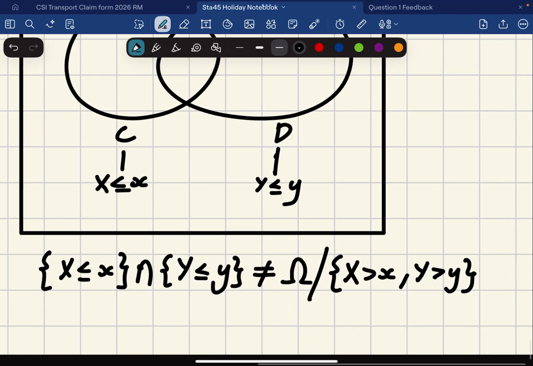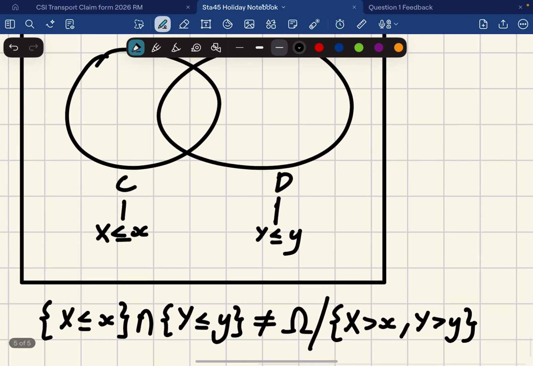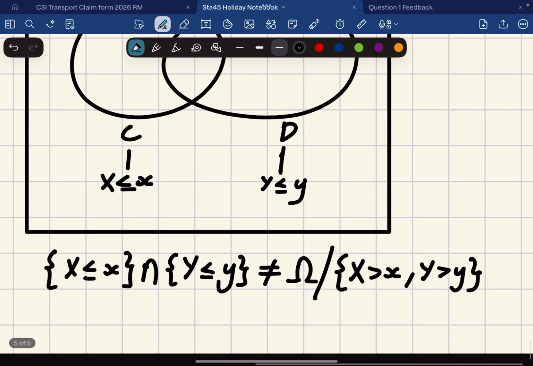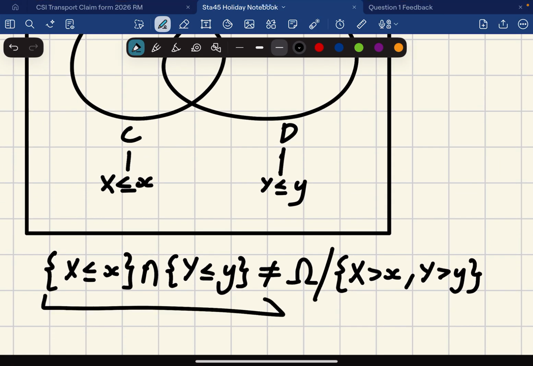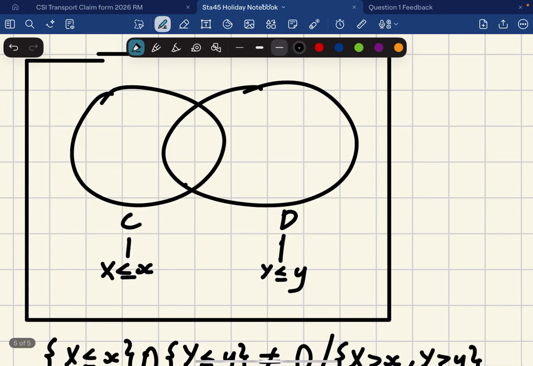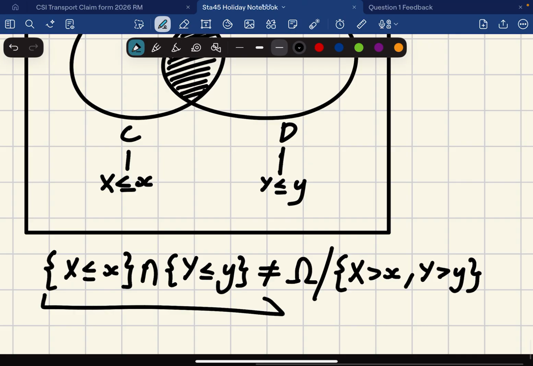The reason for this is that if we go and shade this event here, we're going to shade here, right? That's event C intersected with D. But now you want the probability that x is greater than small x and y is greater than small y.